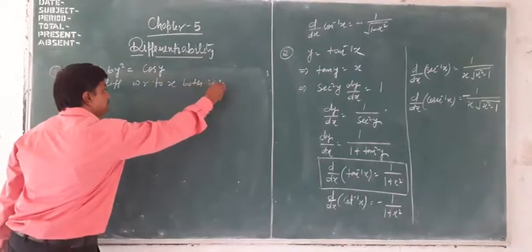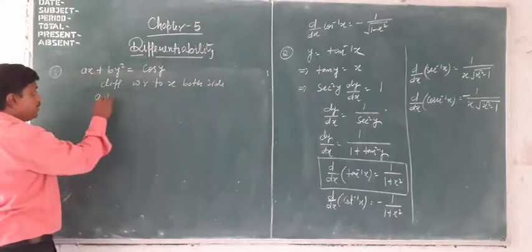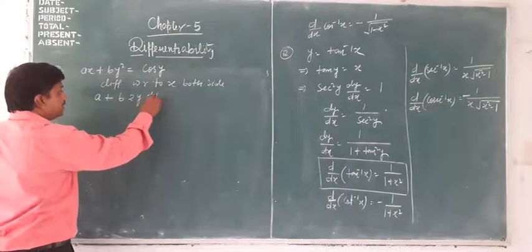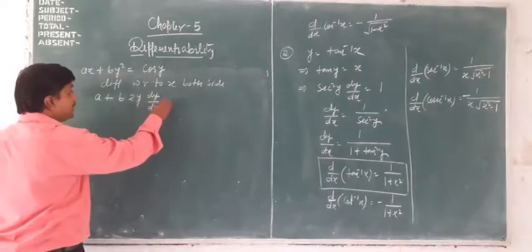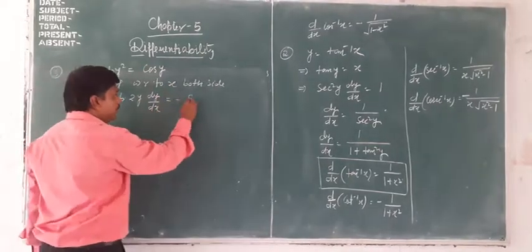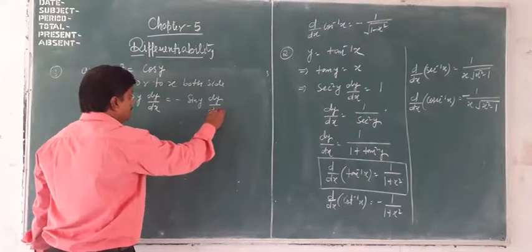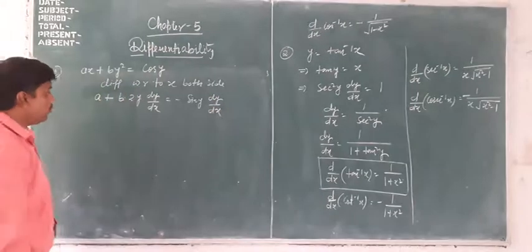It is a plus b, derivative of y is equal to y, and derivative of y is 1 dy by dx, and derivative of cos y is minus sin y, and derivative of y again dy by dx. So something is common.